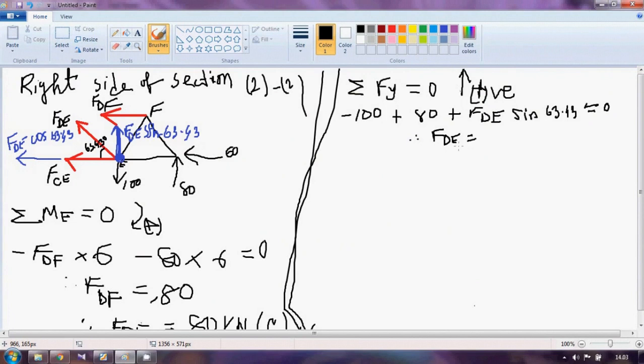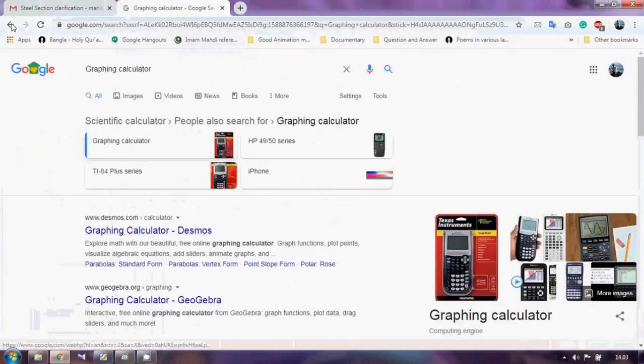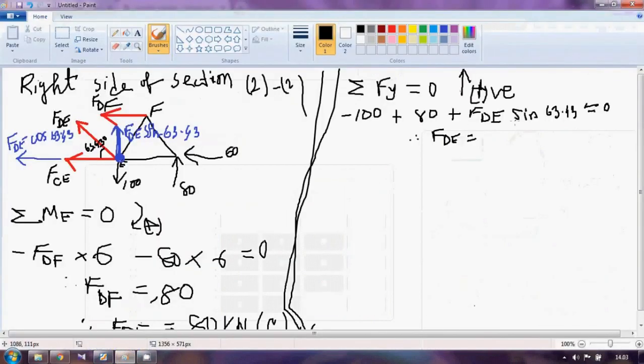What will be the value of F_DE? 20 divided by sine 63.43, which is 35.51 kilonewton, and it is positive, so it will be in tension. The member DE will experience tension and the assumed direction is correct.